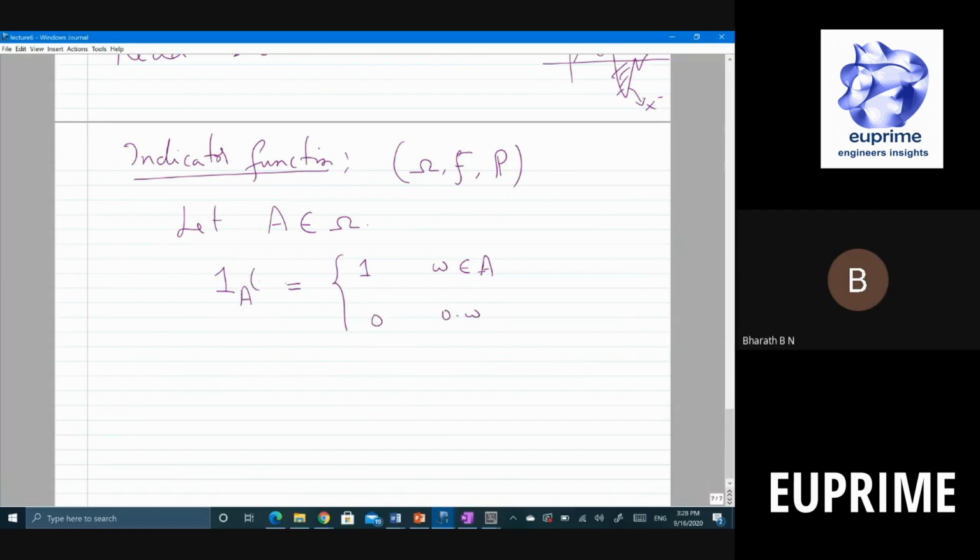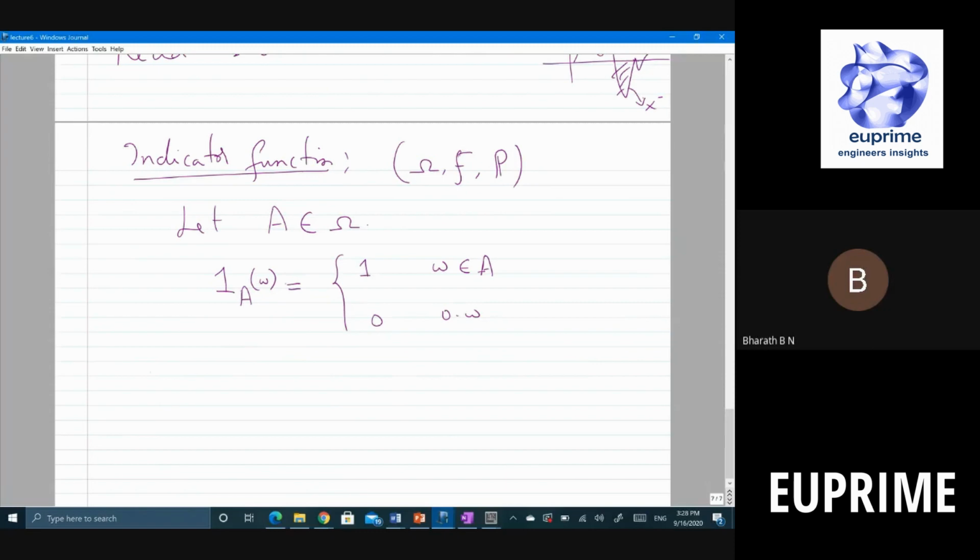This is a function of omega, where omega is the outcome. Whenever the outcome or the sample point belongs to the event A, it's 1, otherwise it's 0. That's why it's called an indicator function. It indicates whether the outcome belongs to the set A. Is that fine?